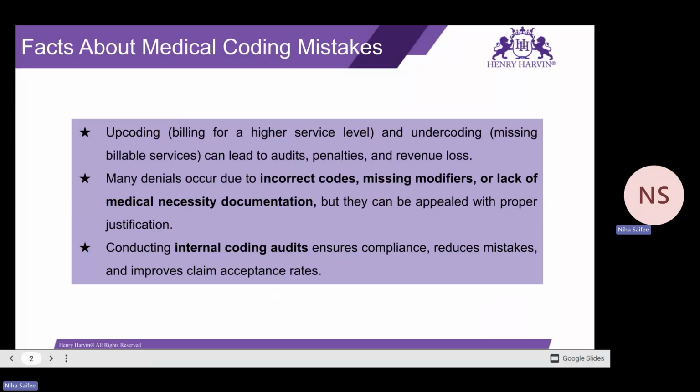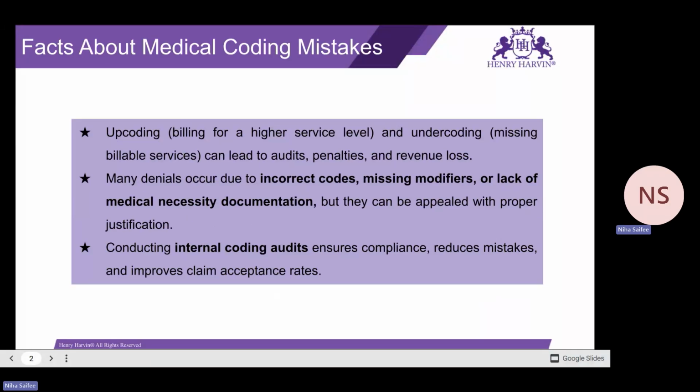But if the coding is not done properly, then the submission will not be done properly, and the insurance company will deny it. So many denials occur due to incorrect codes, missing modifiers. And modifiers are a very essential part of CPT codes and HCPCS codes. If correct modifiers are not applied, it may lead to a denial.